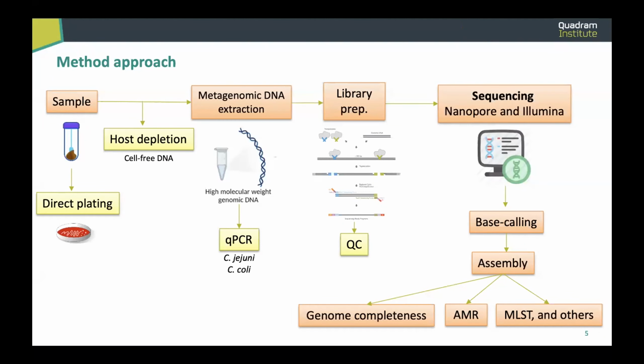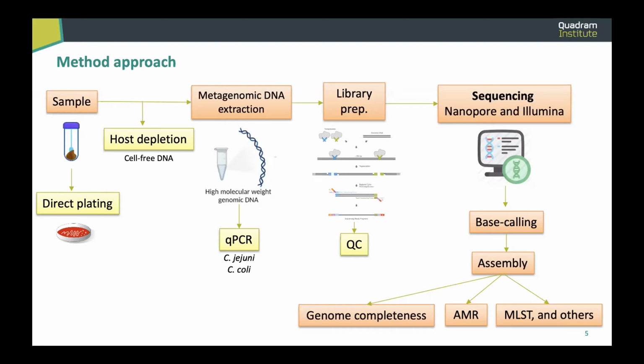For this aim, an experimental method was adapted using criteria for depleting cell-free DNA, enriching microbial DNA, and enhancing high molecular weight extraction to improve downstream whole genome-based sequence analysis. Metagenomic DNA was extracted using 2 different kits from Promega Maxwell and Shoreline Biome that included both chemical and mechanical lysis.